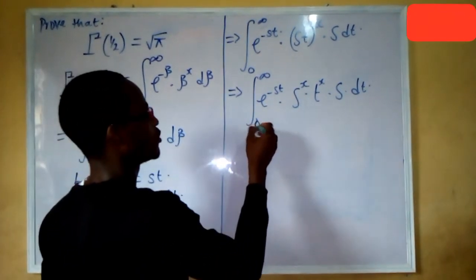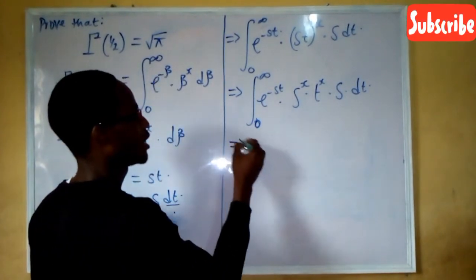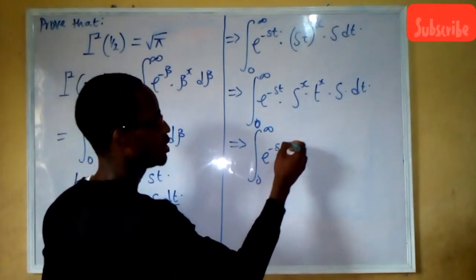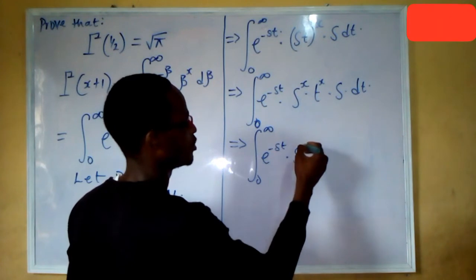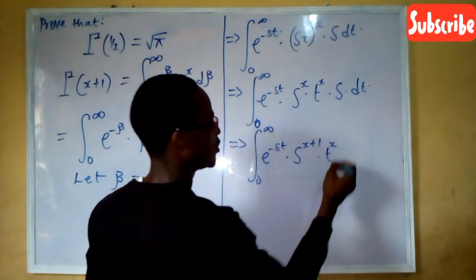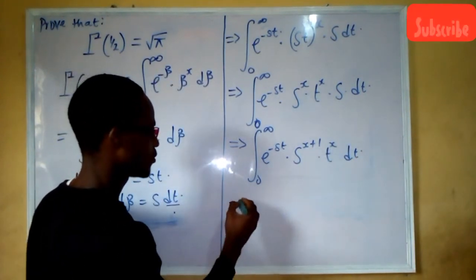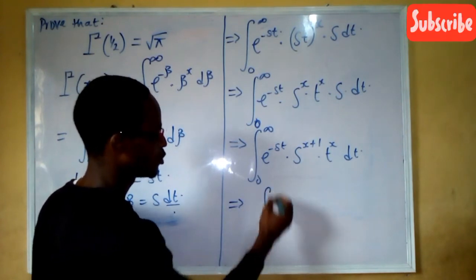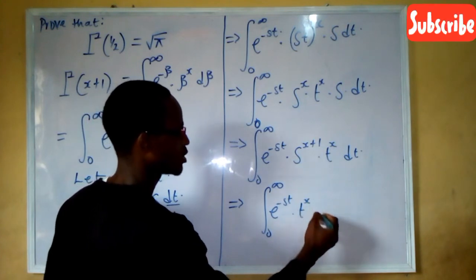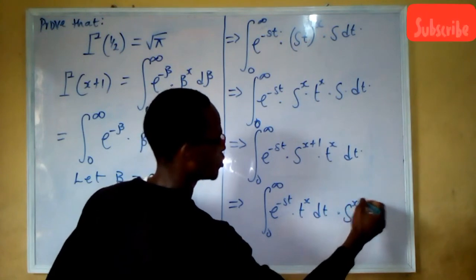Now this s and this s come together, giving the integral of e raised to the power minus st, s raised to the power x plus 1, t raised to the power x dt. If I rearrange, I have the integral from 0 to infinity of e raised to the power minus st, t raised to the power x dt, times s raised to the power x plus 1.